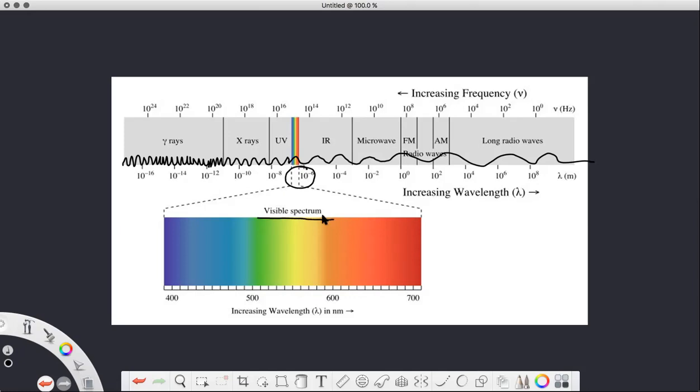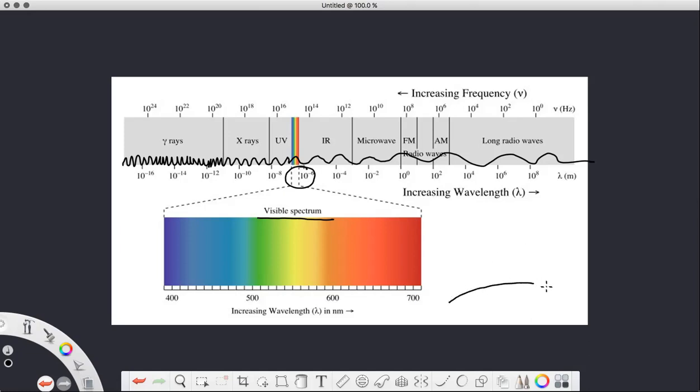After that, this visible spectrum brings heat energy and also light energy. So once it touches the surface of the earth, it is reflected as infrared radiation back to the atmosphere.